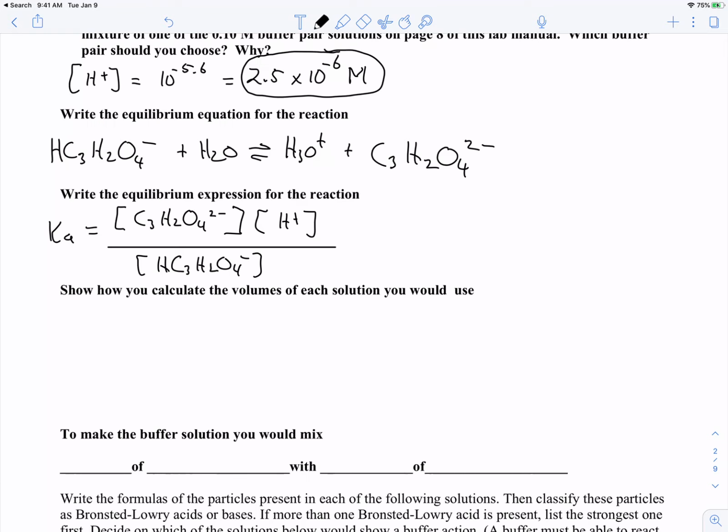What we want to do is rearrange this so we can find out the ratio that will give us the hydrogen ion concentration we want. So we'll take the Ka over the hydrogen ion concentration, just algebraically rearranging this expression. So now we're going to basically put that in this place.